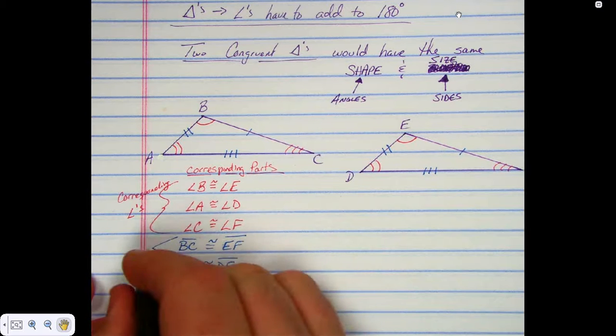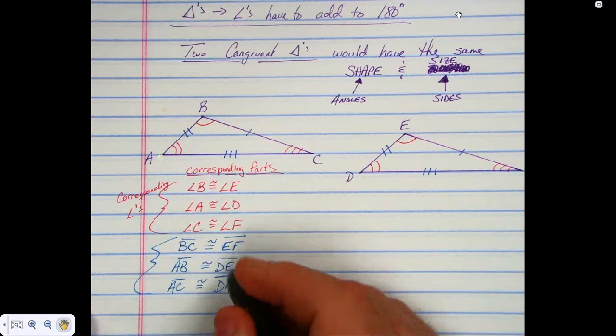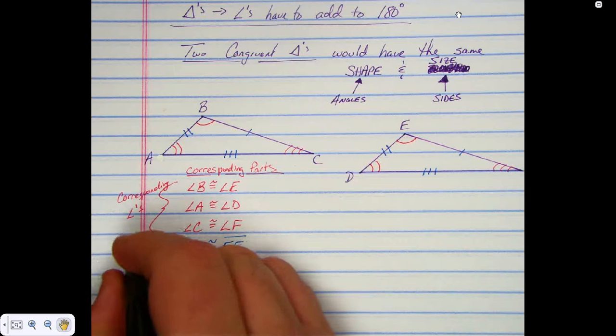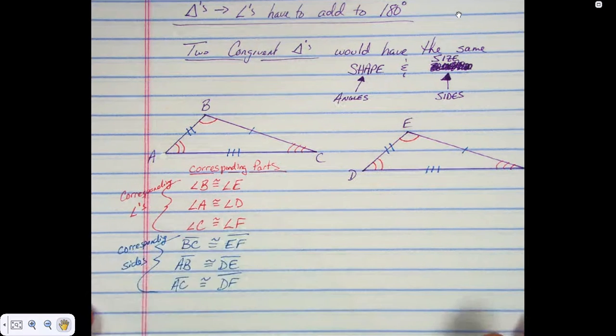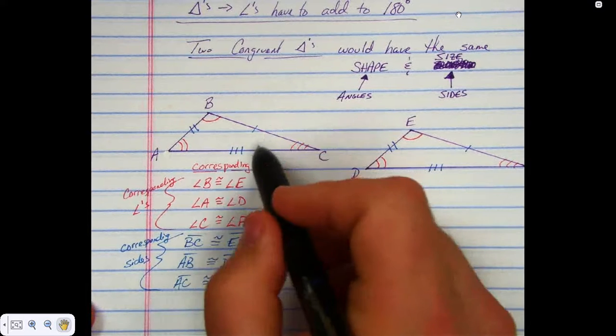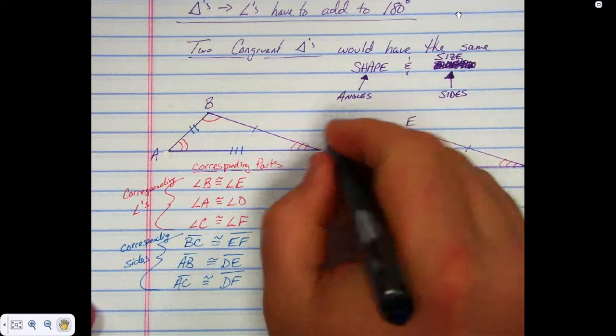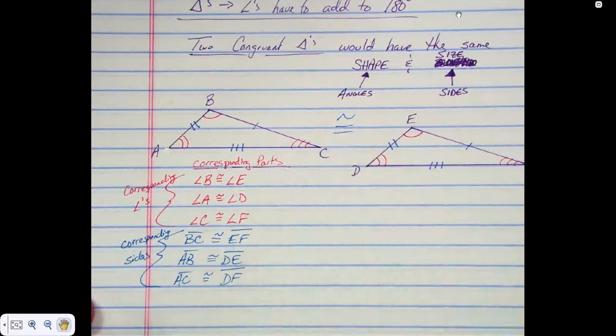What are these? These are corresponding parts, but what are they? They're corresponding sides. So when I say this triangle is congruent to this triangle, I'm saying all of that, aren't I?